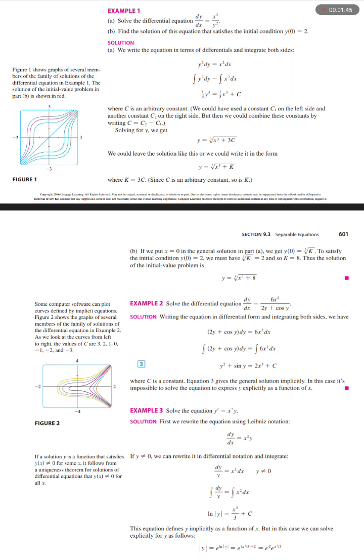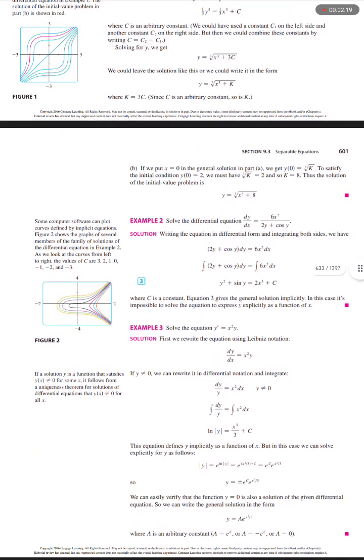Solving for y, we get y equals the cube root of x to the third power plus 3 big C. We could leave the solution like this, or we could write it in the form y equals the cube root of x cubed plus big K, where big K equals 3 big C. Since big C is an arbitrary constant, so is big K.